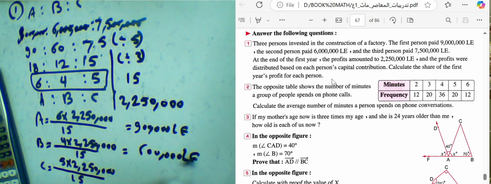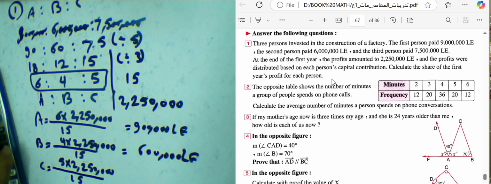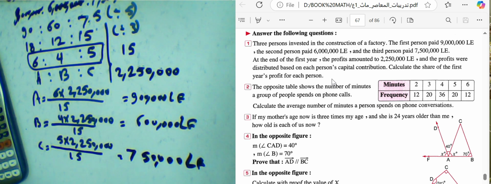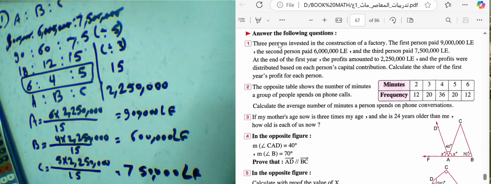Okay, and for the third we cancel the 4 and write 5, so the result will be 750,000 Egyptian lira. Okay, 750,000. The first, second and third.